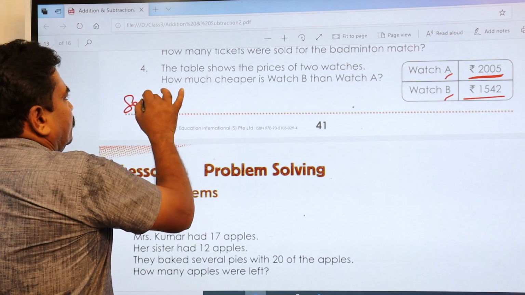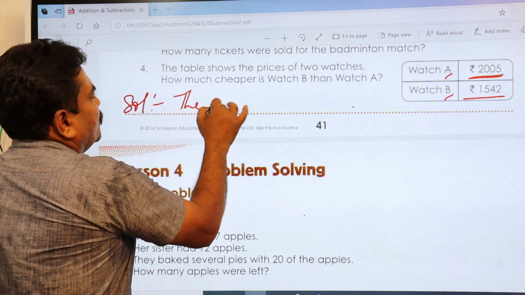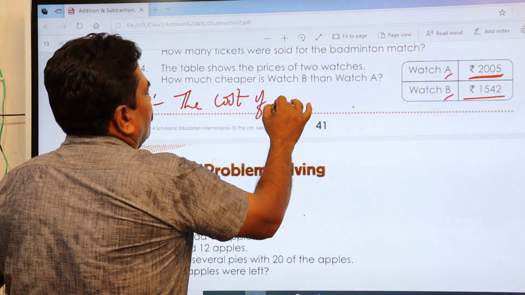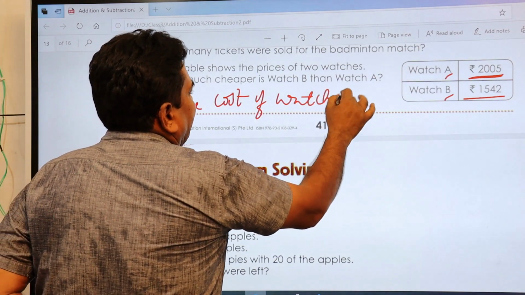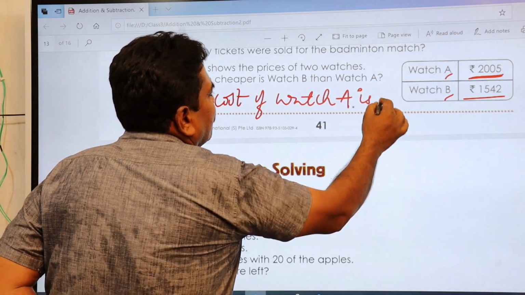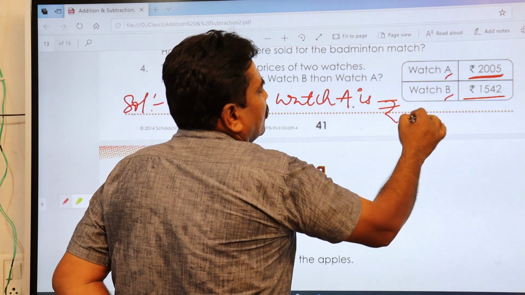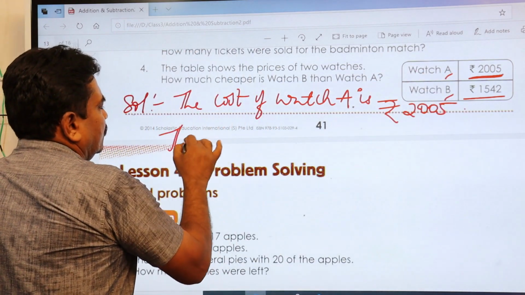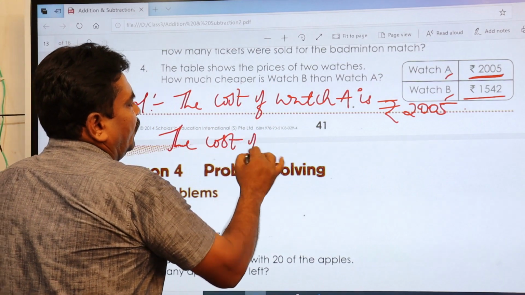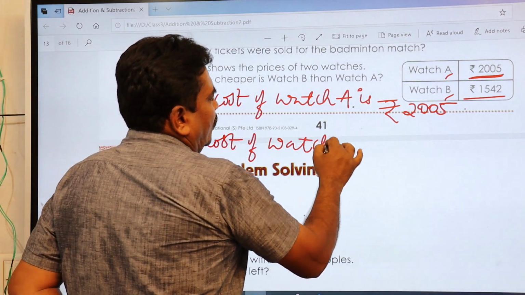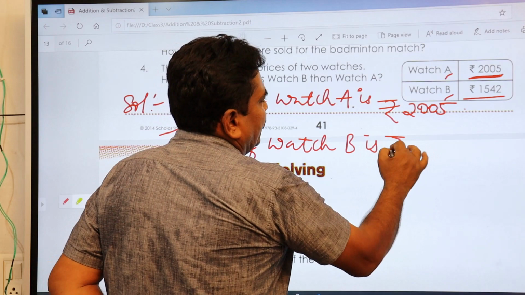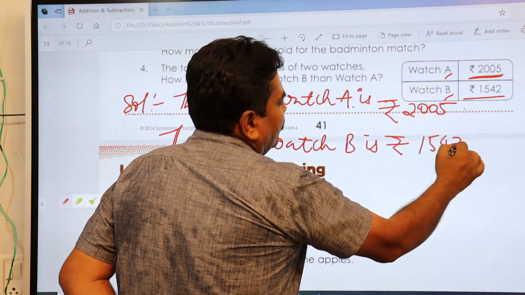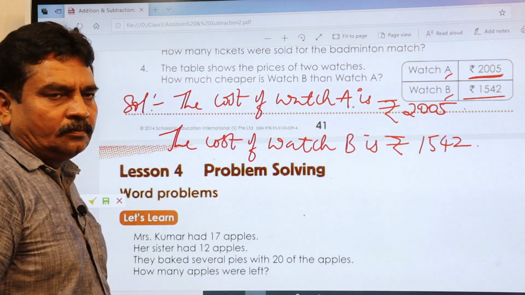Solution: the cost of watch A is rupees 2005, and the cost of watch B is rupees 1542.